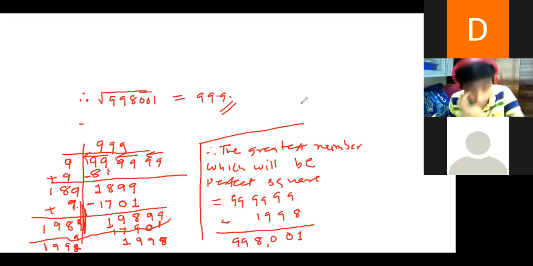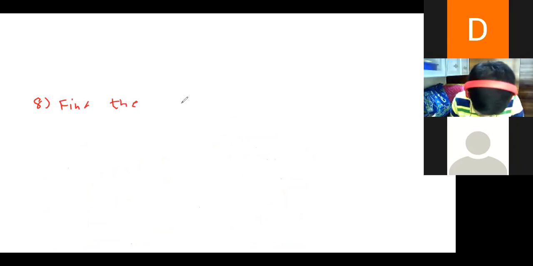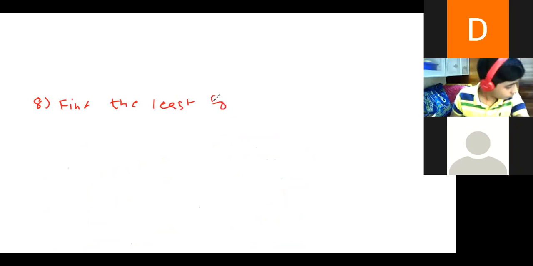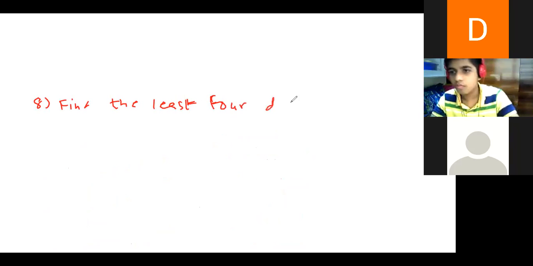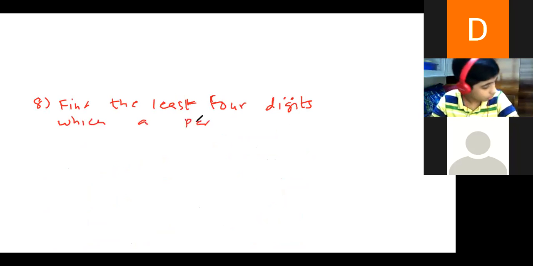Next one is 8. Find the least 4-digit number which is a perfect square.